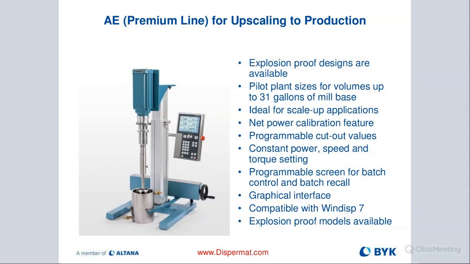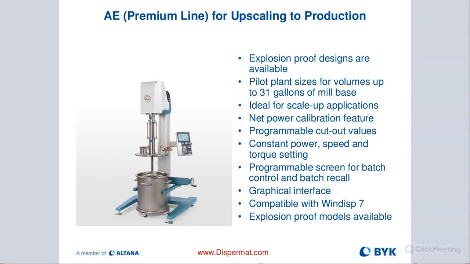That control panel is that new control panel that we talked about earlier, and that will also be on our new CV3 series, and the CN will have the same control panel, in addition to that facelift that I talked about. And then again, for pilot, we also have the AE series up to 100 liters.